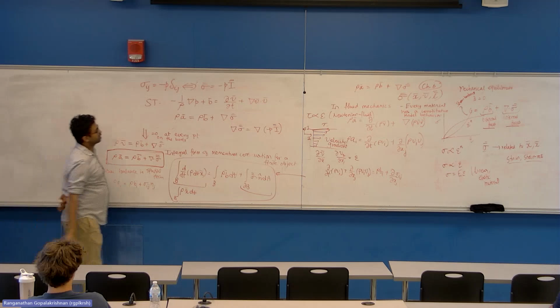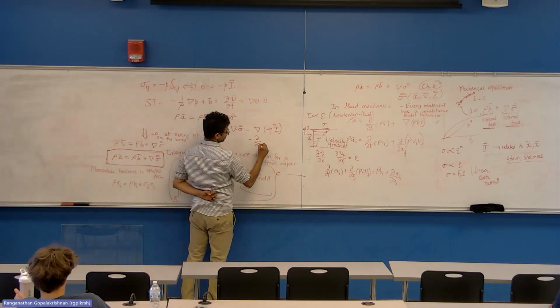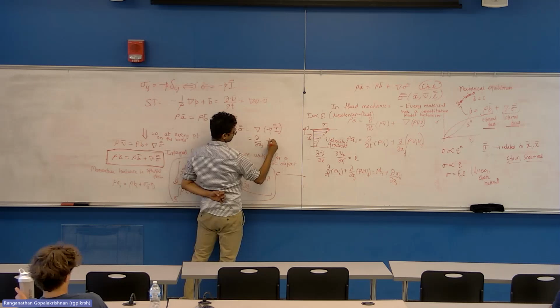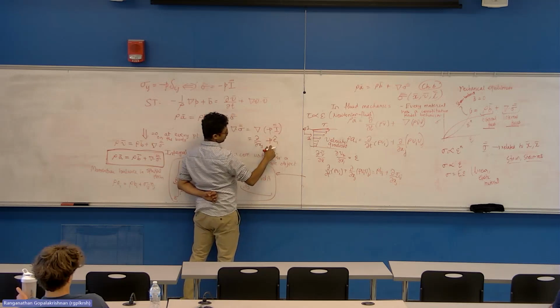Okay. What is this divergence of I cap? So this is partial over partial xj of minus P ei. ej has already been dotted away.